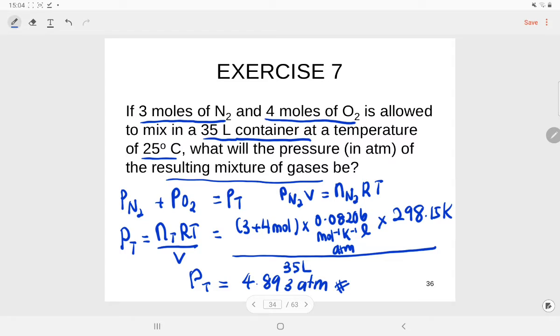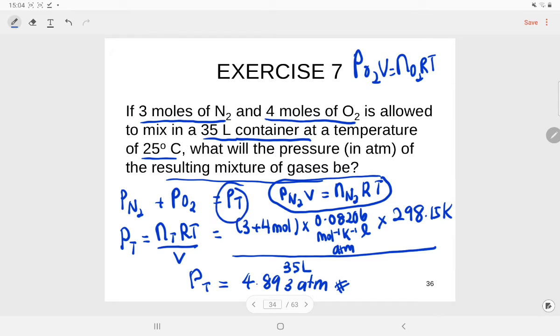Okay, you have another option if you want to check whether this answer is correct or not. Try to calculate the partial pressure of nitrogen separately and the partial pressure of oxygen separately by using this formula for nitrogen, and for oxygen you can use P O2 V equals n O2 RT, and then you sum up the partial pressures of nitrogen and oxygen and you will get the total pressure.